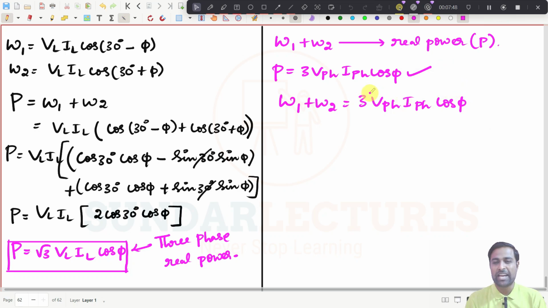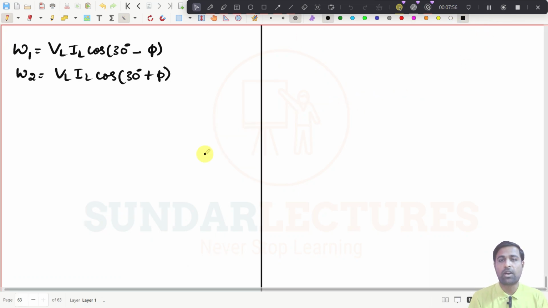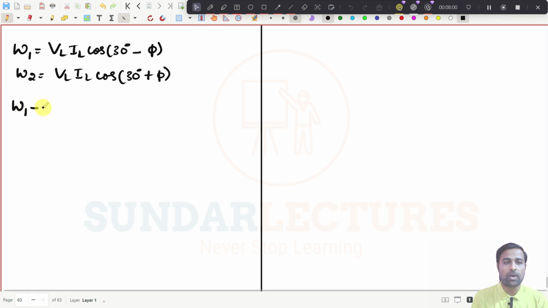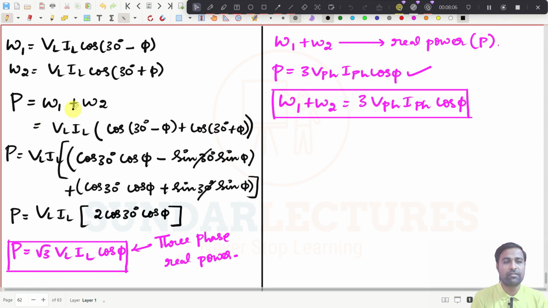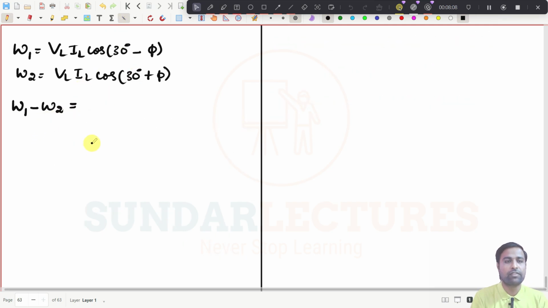Now I am going to find the value of sin phi also. Right, now what we will do is subtract these two. W1 minus W2. Let us see what happens. Here we have just added these two, now we will subtract.